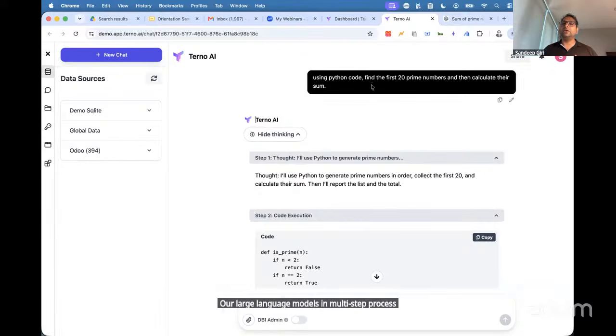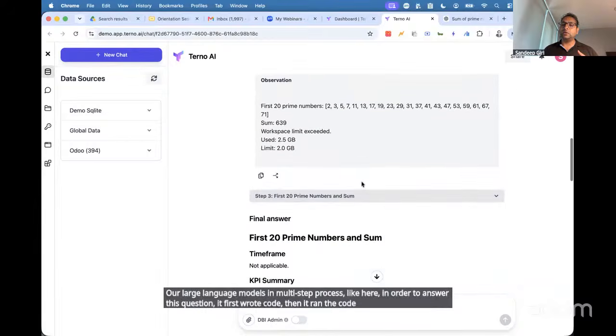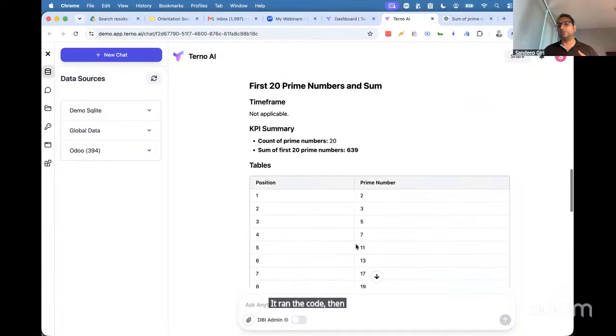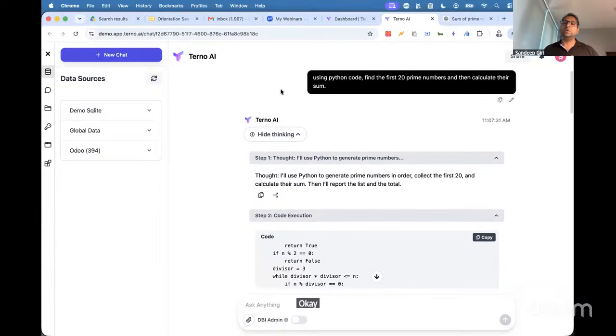Like here, in order to answer this question, it first wrote code, then it ran the code, then it answered the question. So that is what is called agentic AI, right?